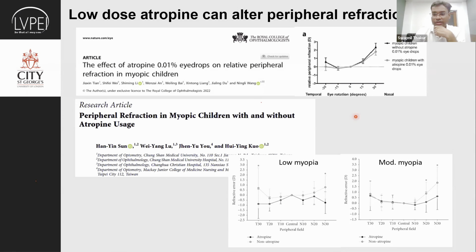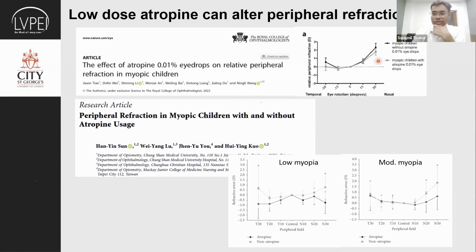When you focus on this graph, the x-axis is eccentricity: 0 is the central, then 15 degrees temporal, 30 degrees temporal, 15 degrees nasal, and 30 degrees nasal.